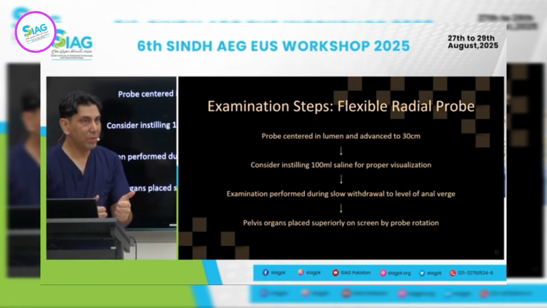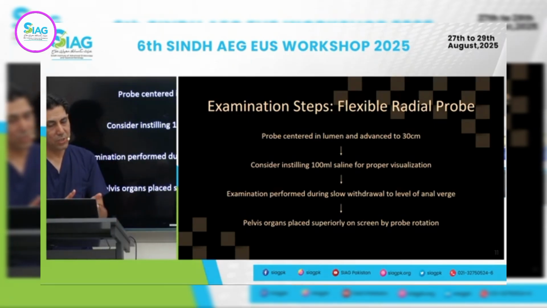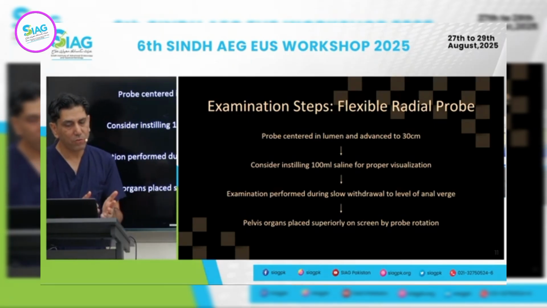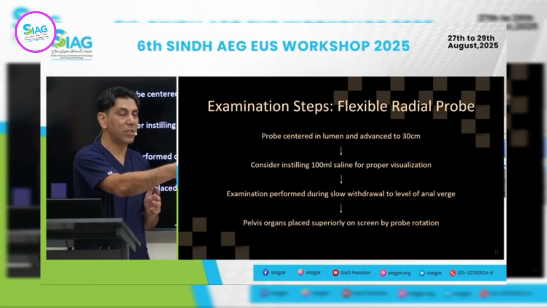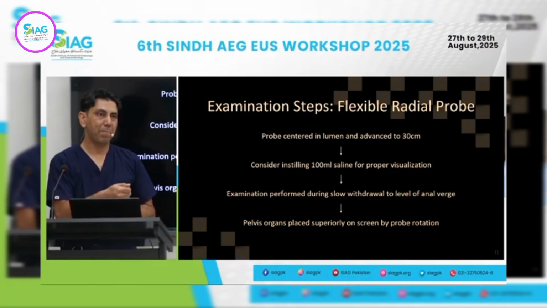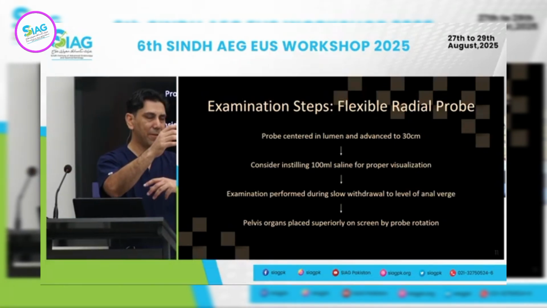So probe in the center of the lumen, inflate the balloon, advance to 30 centimeters, instill water if you need to, and then the examination is performed. We go up 30 centimeters and then gradually withdraw. On withdrawal, not going in. So rectum and then the anus.